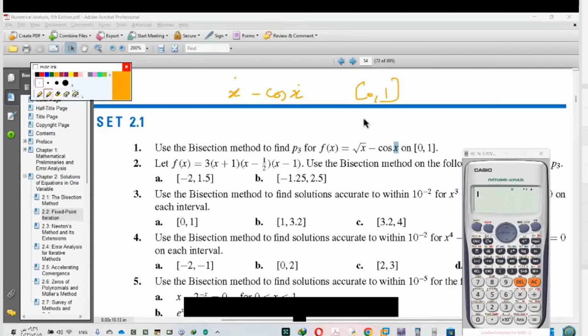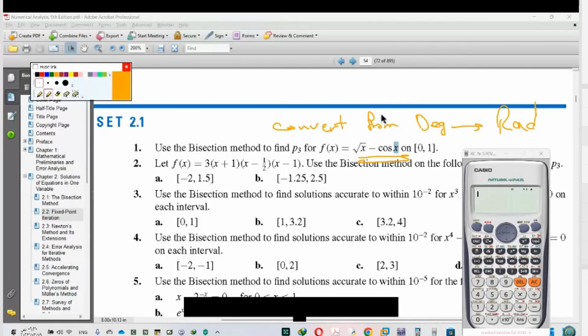Pi here is different from pi here. Here pi is 180, here pi is 3.14. So for that reason, convert from degree to radian. This is for cosine.